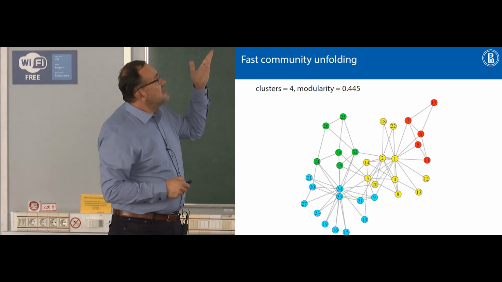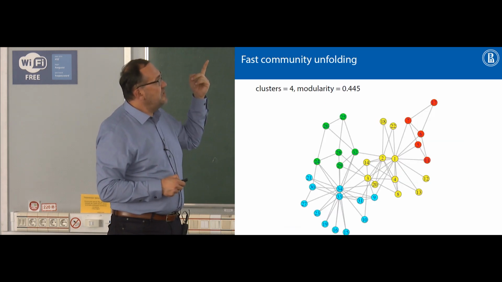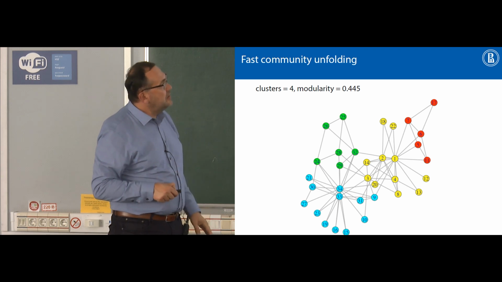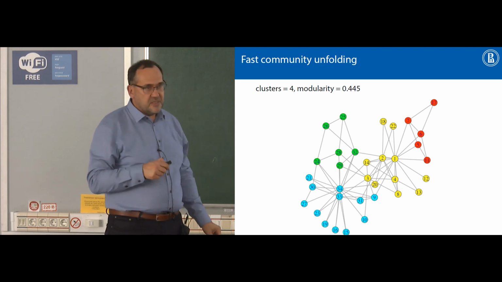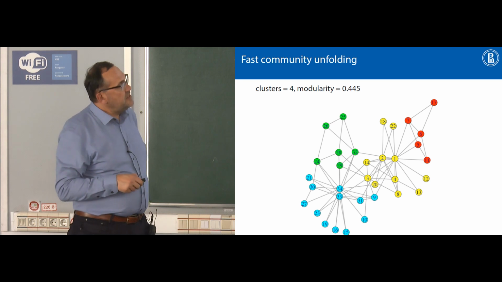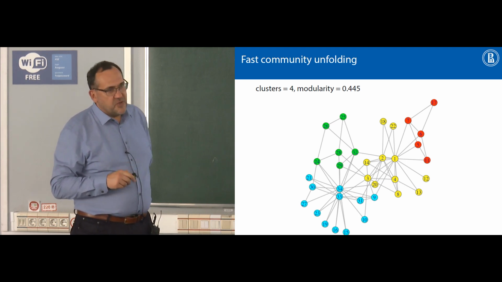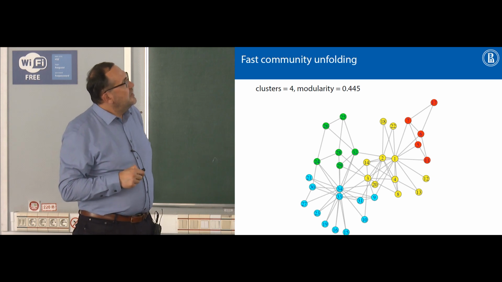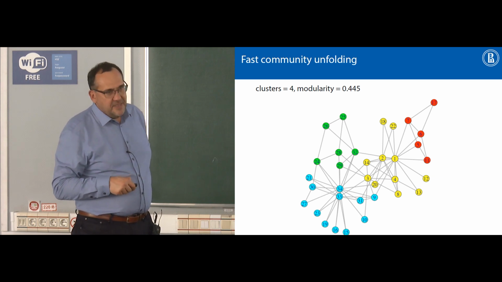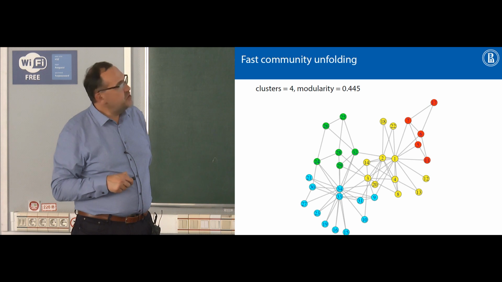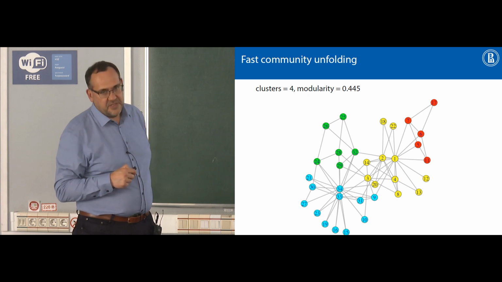So if I run this algorithm, fast community unfolding, on this karate graph, this is the optimal structure. Notice what's interesting: this one says the best possible partition is 4 clusters, and that's the modularity score.